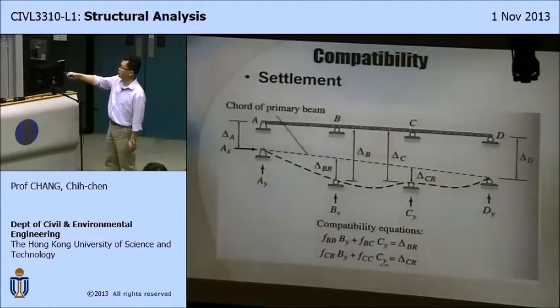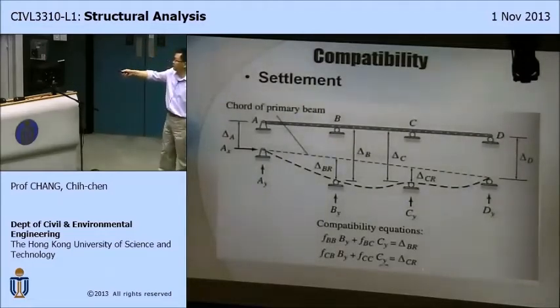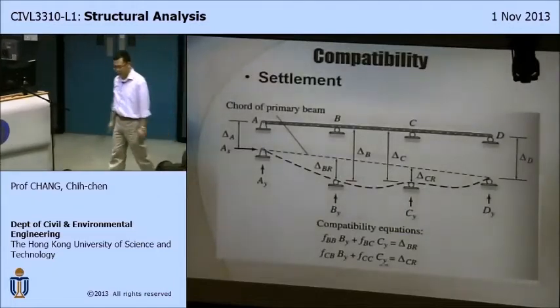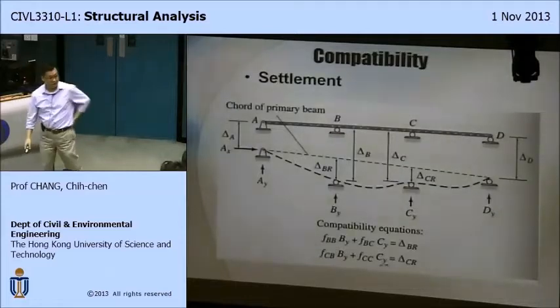So you just have to do one redundant force analysis, and then a second redundant force analysis, and then put it into a compatibility equation, enforcing the final compatibility conditions to reflect that you only account for the settlements measured from the rigid body positions.